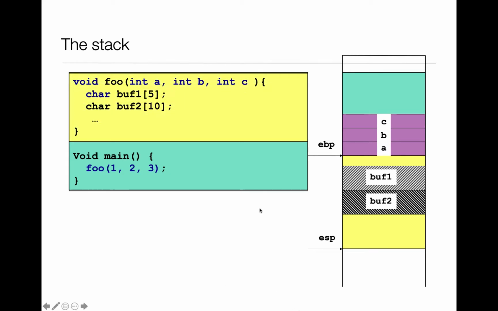As before, the main function is first pushed onto the stack, and then it passes the parameters A, B, and C that are pushed onto the frame, and then foo's frame will start after that. Because we have two locally declared buffers, these will be placed at the top of the frame here. That's just a very simple example of how two function stack frames would look in sequence.